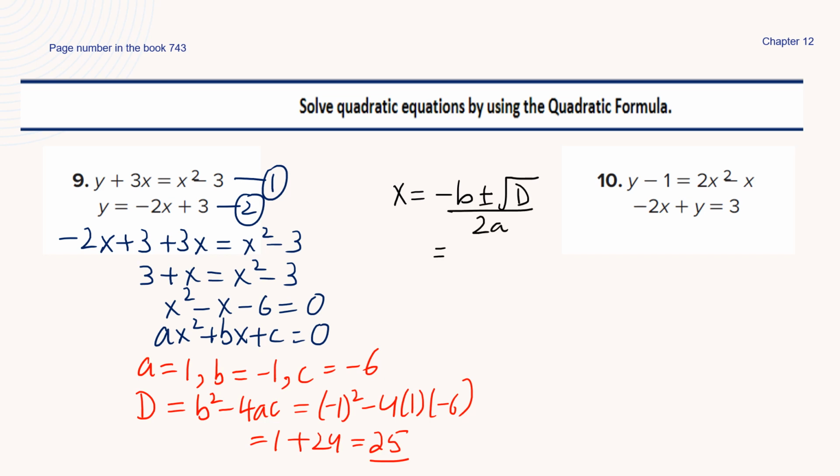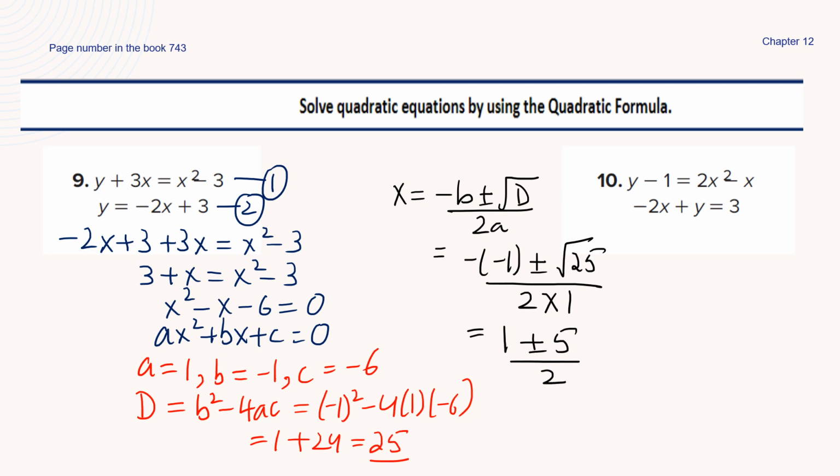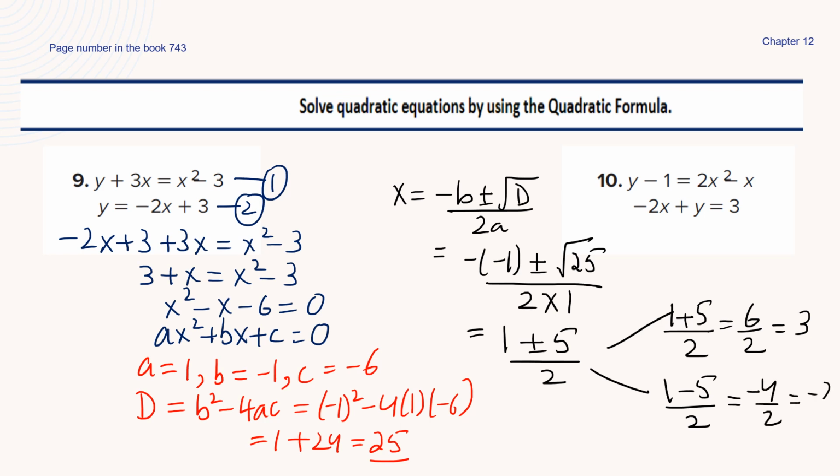So this is going to be minus of minus 1 plus minus square root of 25, which is going to be 5, over 2 times 1. So this is 1 plus minus 5 over 2. So these can be the two roots, 1 plus 5 by 2, which is 6 by 2 or 3, and 1 minus 5 by 2, which is minus 4 over 2, which is minus 2.